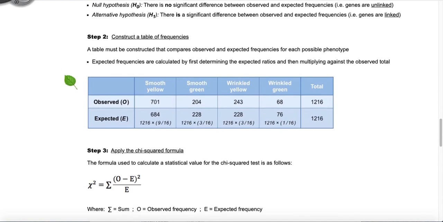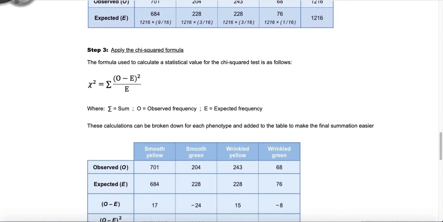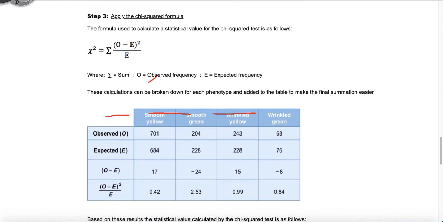So next we have to apply our chi-square formula, which is this, where this symbol, sigma, is the sum, the observed frequency, and the expected frequency. And then we run some calculations of this formula. So this is what the Mendel expected ratio is supposed to be.